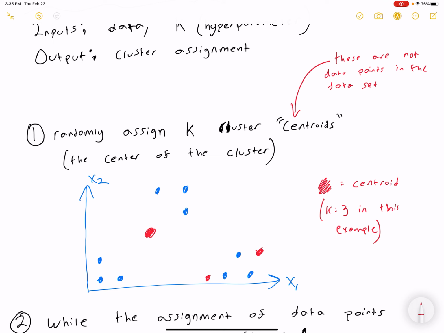After the first while loop iteration, it's not going to be any data point unless there's a data point that happens to be at the mean of all the points in the cluster. So it doesn't really matter. Actually, it matters a lot how you initialize it, but it doesn't matter whether it's a specific point in the data set or not. So maybe these are not necessarily data points in the data set.